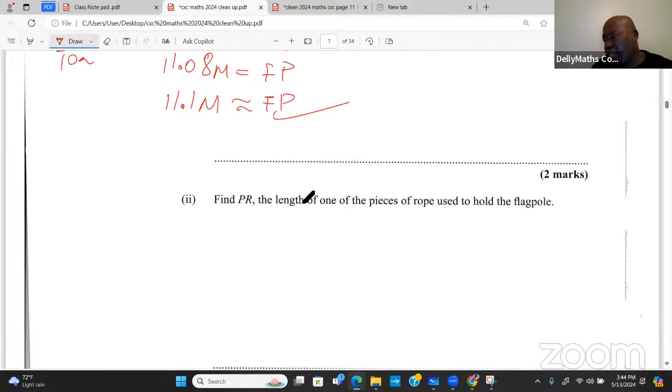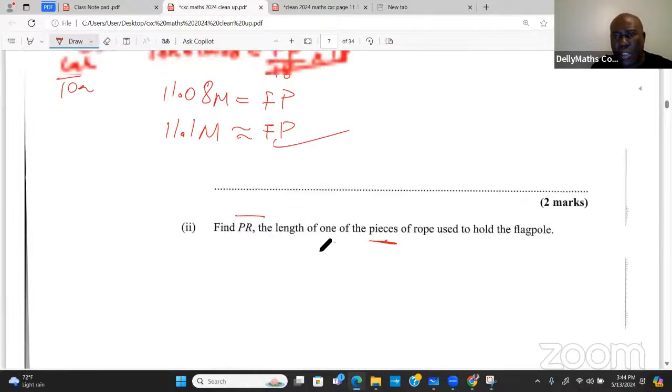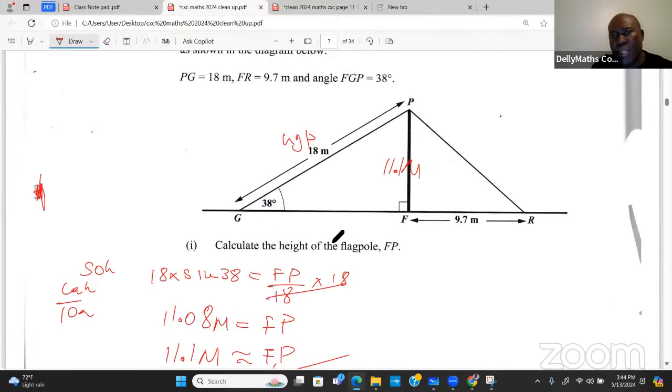Find PR. So what we want to find is PR, the length of one of the pieces of the rope. So let's take a look. Where is PR? PR is right here. Now, if I highlight this triangle, then we could easily use the Pythagorean theorem on PR.